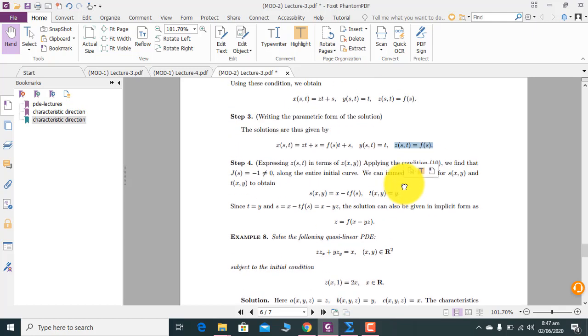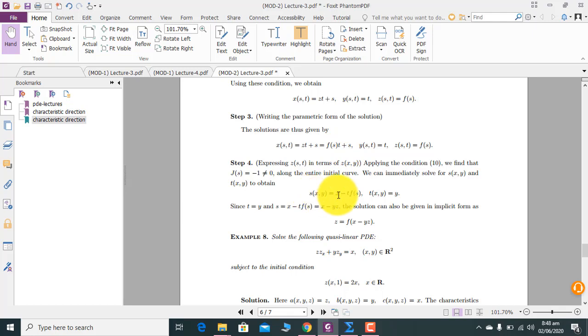This is chapter 9 or chapter 2 or 3 of class 9, that you remember how to eliminate. Put the values wherever in z there is t or s, put the value of s and t in terms of x, y. So there is s, how can you write s in terms of x, y? Is there any way? Look, there is a way. s can be written as x minus zy.